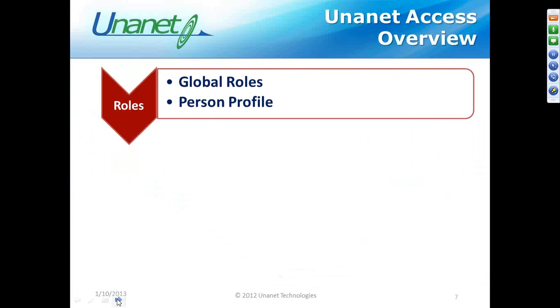So let's move on. Going through our overview here, it's really important. I wanted to take just a couple of minutes to talk about Unanet access. There are roles that you see in a person's profile: admin, HR, time user, expense user, project manager, project viewer.